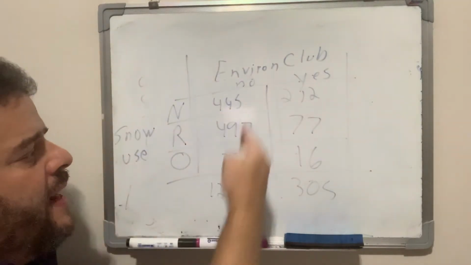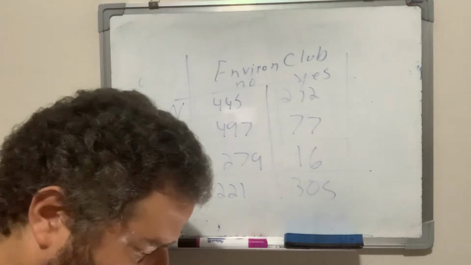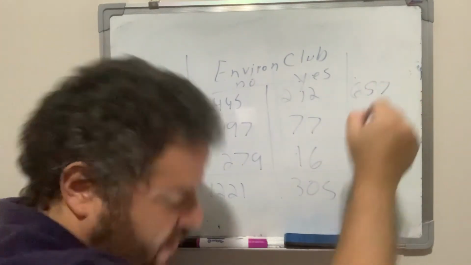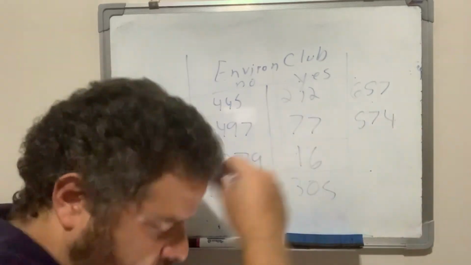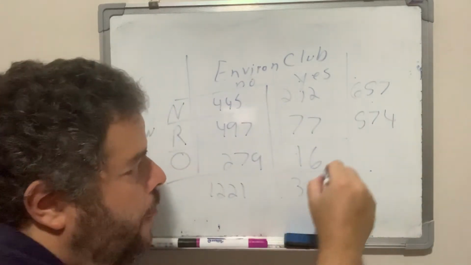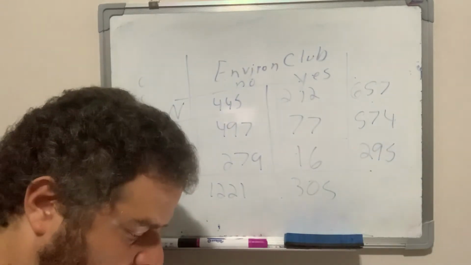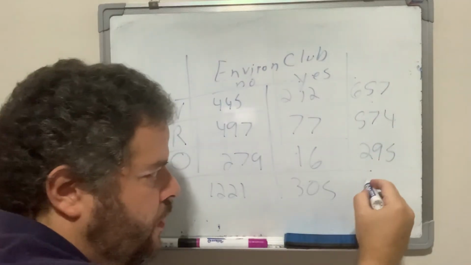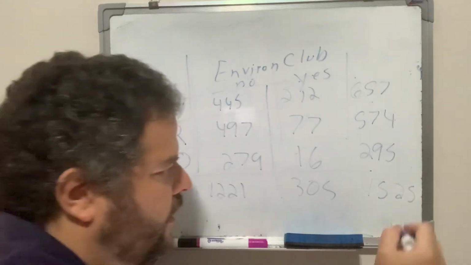Now, besides adding the column, as I mentioned, we will also add the rows. So I have 657 here, 574, 295, and when I add this column, I will get this result, 1,526.